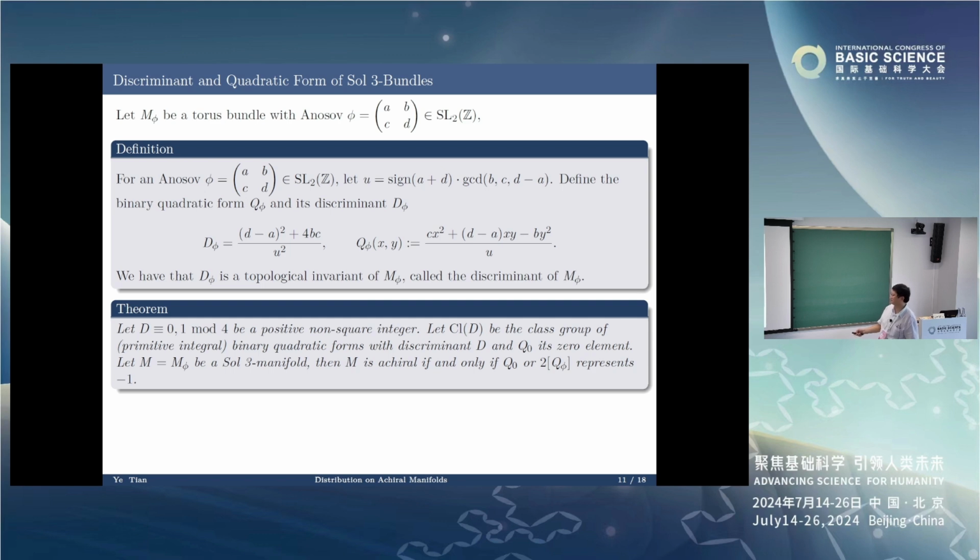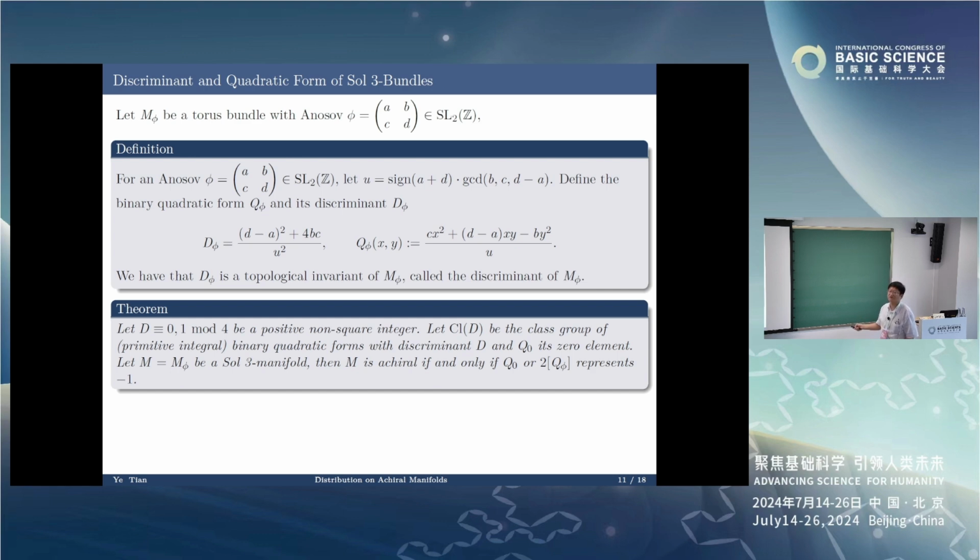This manifold itself is achiral if and only if the principal form represents -1, or 2 times this Q_phi represents -1. The principal form representing -1 is just the negative Pell equation. So 2 times this Q_phi, this is Gauss's operation. It's just like a summation of ideal classes.